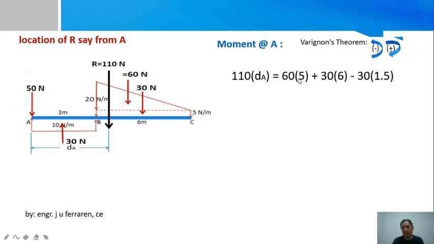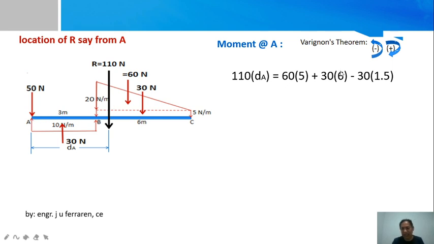That is why I obtain 5. Where is 30? This one. Clockwise, so 30 plus. The distance of 30 to B is halfway of the base, which is 6, so this is 3. But my reference is A, that is why I make it 6.